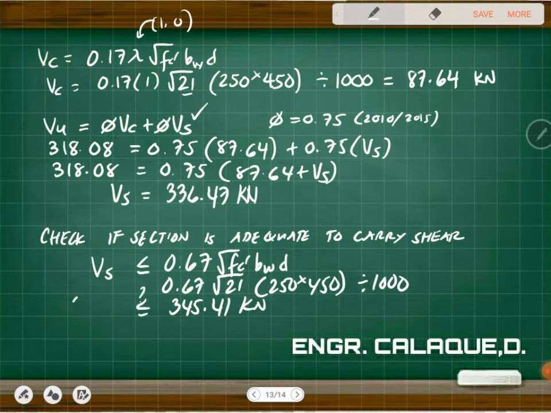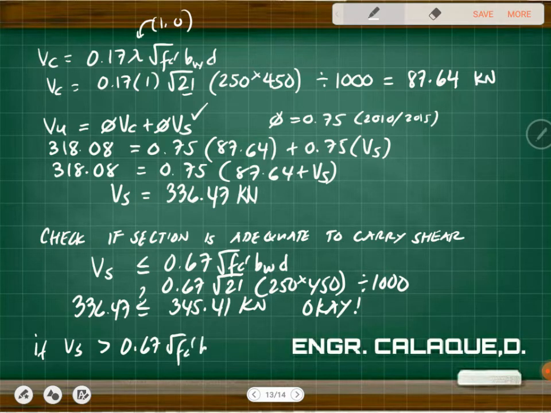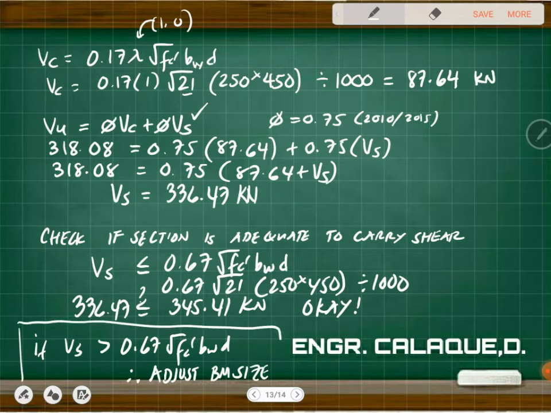Yung VS natin is 336.47. Ayan. So, this is okay. So, if yung VS natin is greater than 0.67 square root ng FC prime BWD, we need to adjust yung beam size, if ever na nangyari na ganito.